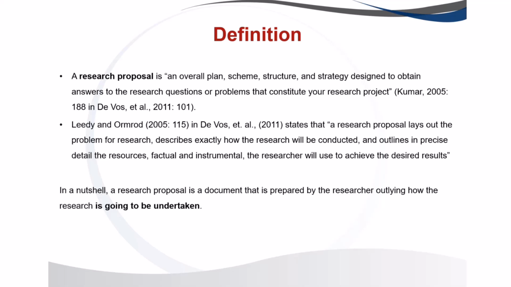I think someone has spoken about that when I was asking you, why do you think a research proposal is important? In other words, you are telling us how this research is going to be undertaken. That's a research proposal, okay? In other words, you are proposing, you are giving us an intention to say you are going to do this and that and that.